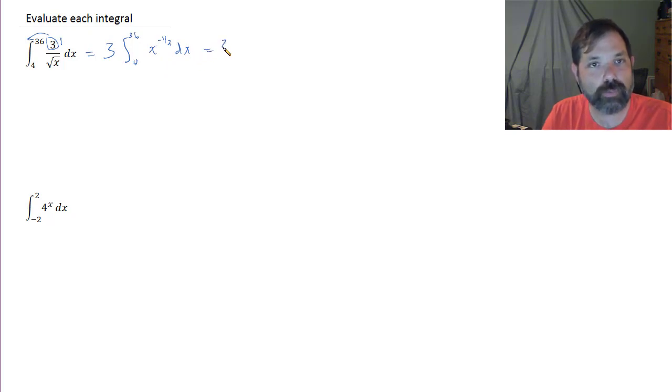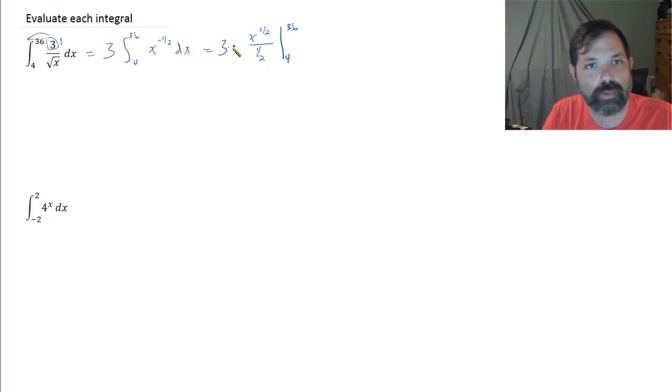So then that's 3 times, and the antiderivative of x to the negative 1/2 would be x to the positive 1/2 over 1/2, from 4 to 36.